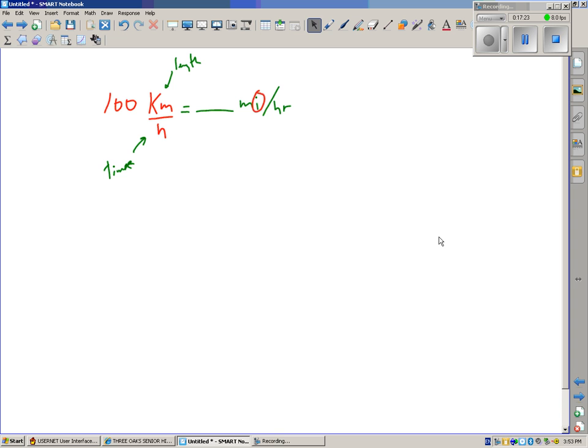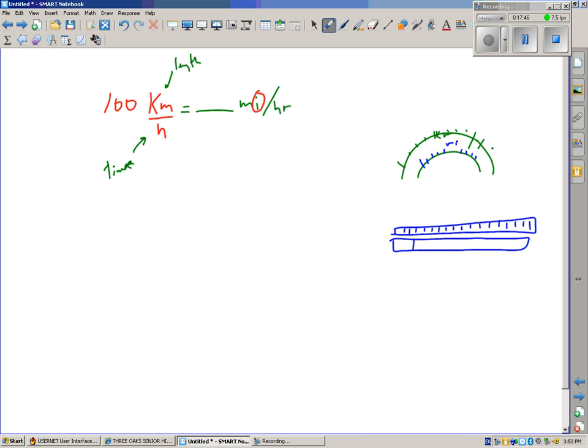So if you've ever driven in a car, you can look down and the speedometer will actually have the kilometers there, and down below it will have the miles. Just like on one side of a meter stick, it could have everything in centimeters, and on the back side it would have everything in inches. So when you look at your speedometer, you can see it all at once.